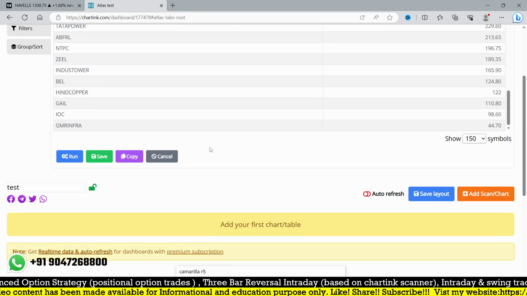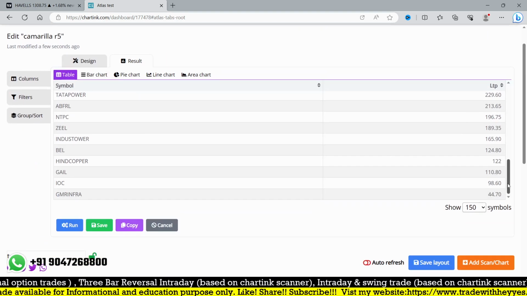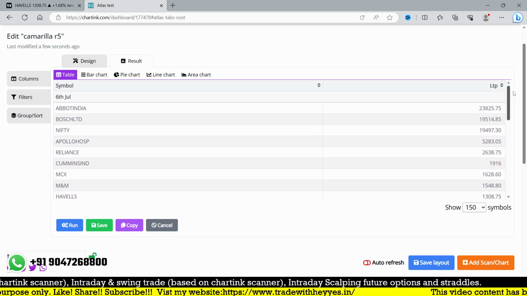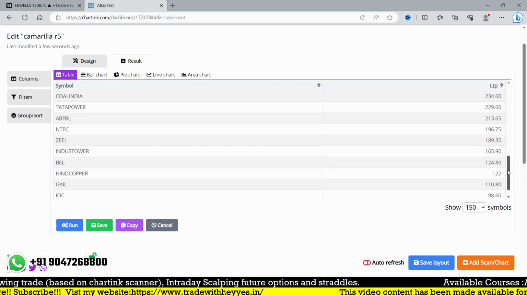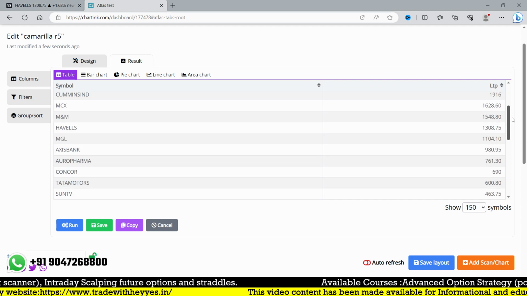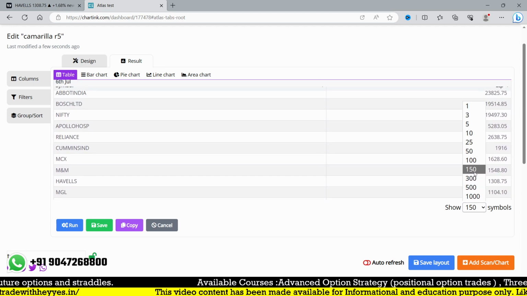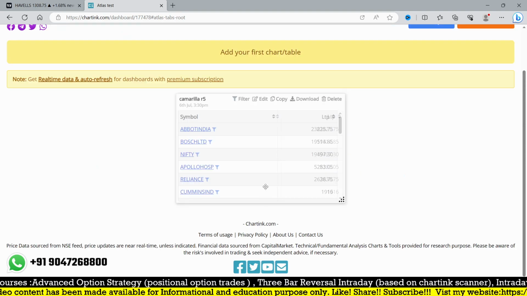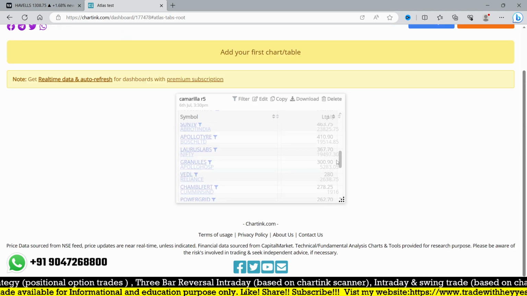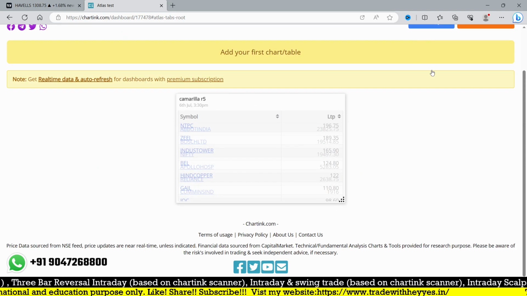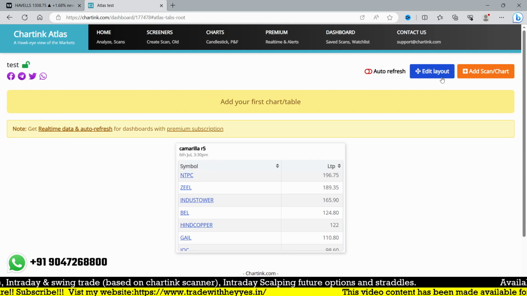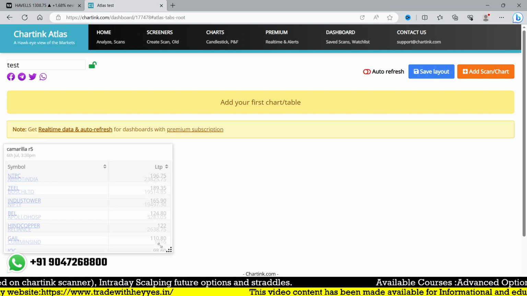Check this. It will show you all the stocks. I'm just trying it out, creating the dashboard.